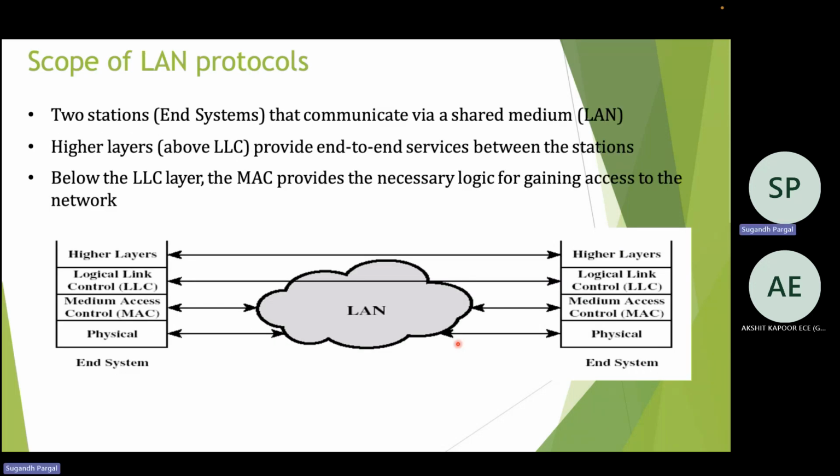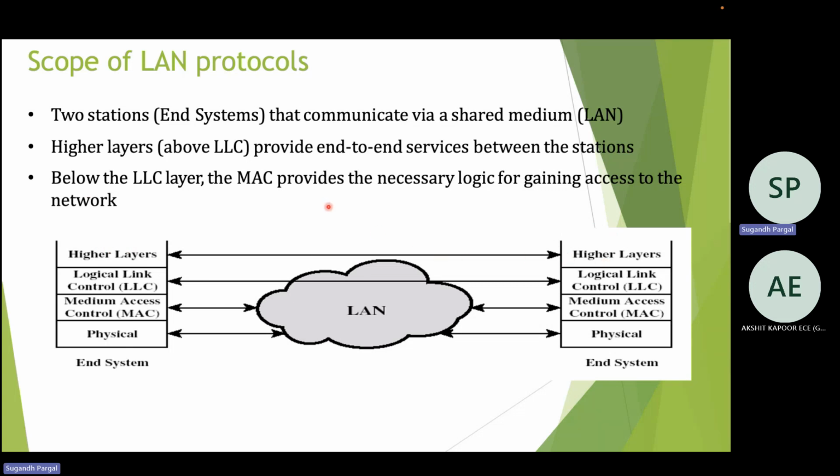So this is the scope of the LAN protocols. Two stations or systems that communicate via a shared medium form a LAN, a local area network. Then the higher layers above LLC provide end-to-end service between these stations. Like this is one station, this is another station, and they provide end-to-end connectivity directly.